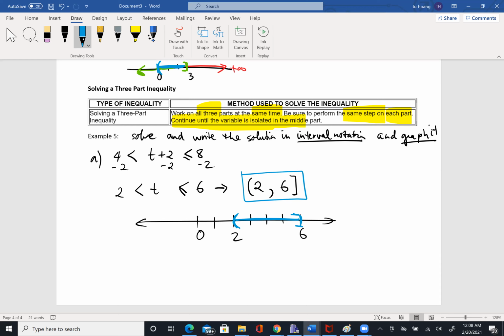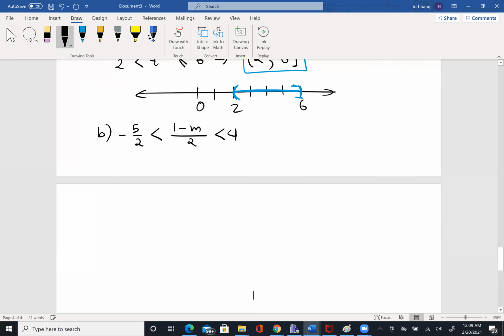Now I'm going to move to B. B says negative 5 is less than (1 minus m) over 2, which is less than 4. This looks crazy, but let's try it and see what happens.